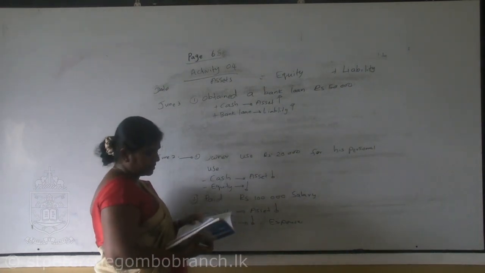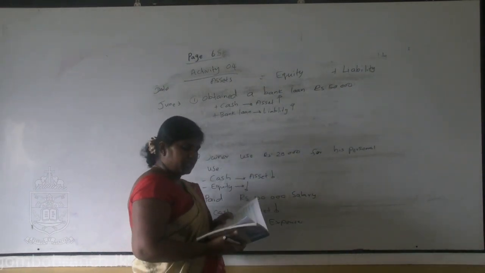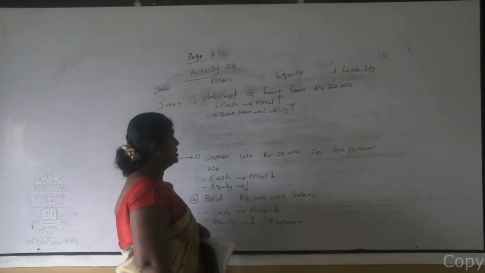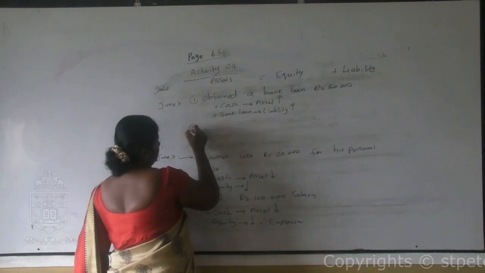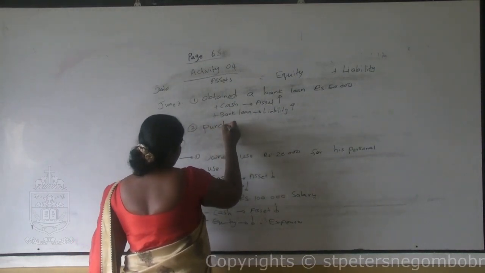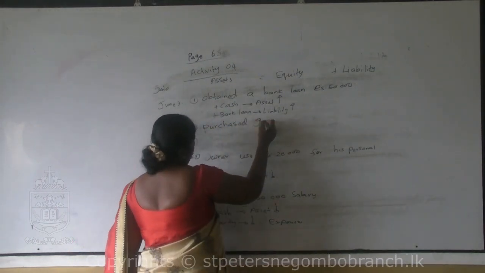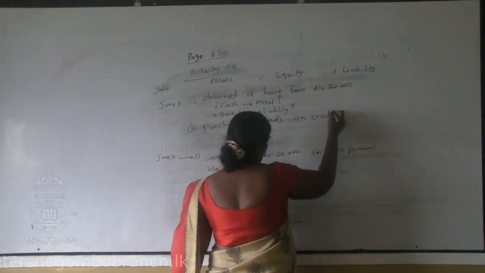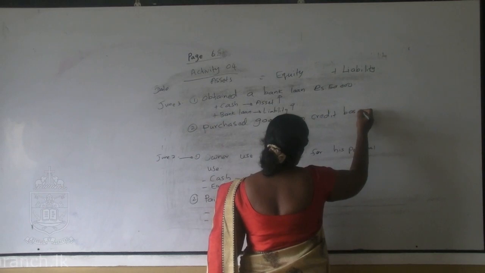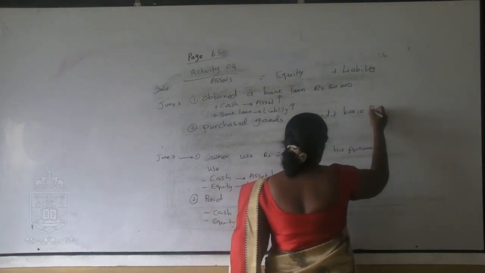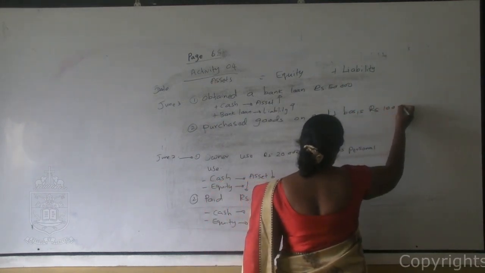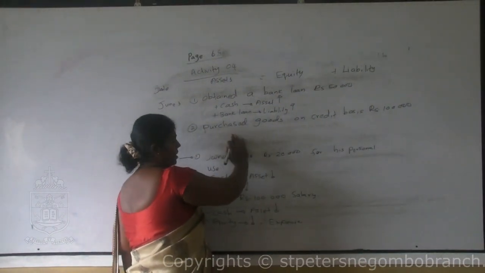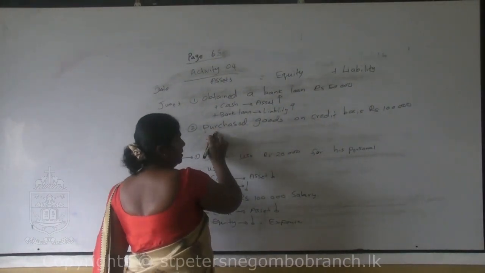Next transaction, purchase goods on credit basis. Any value you can apply, 100,000 rupees. So here, because of purchasing goods on credit basis, creditors will increase.